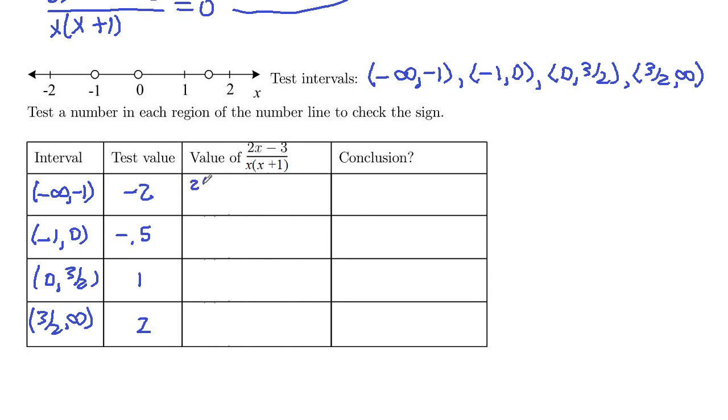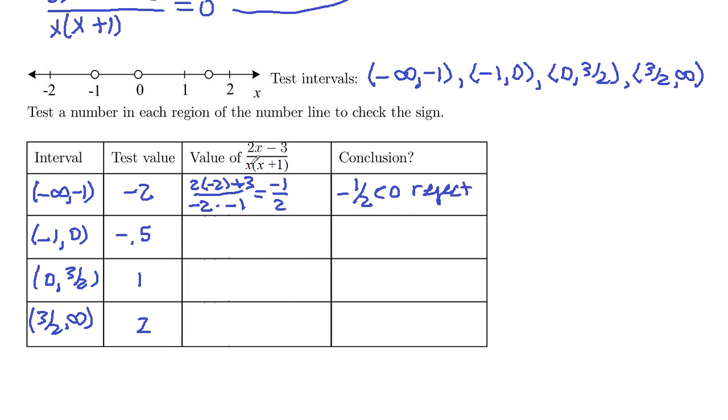So we've got 2 times negative 2 plus 3 over negative 2 times negative 2 plus 1 would be negative 1. So that's going to be what? Negative 4 plus 3, negative 1 over 2. And negative 1/2 is less than 0. And we want greater than 0. So we're going to reject that interval.